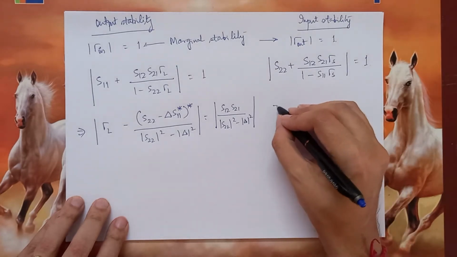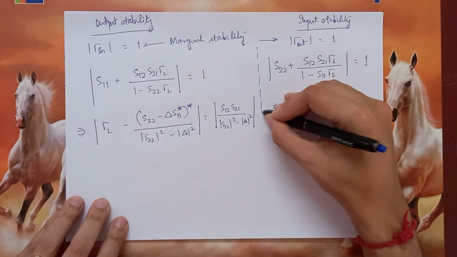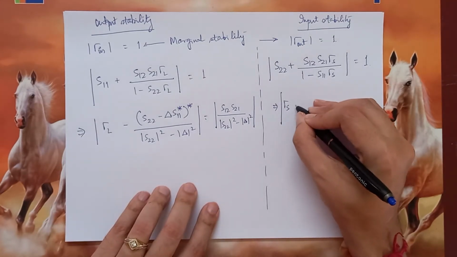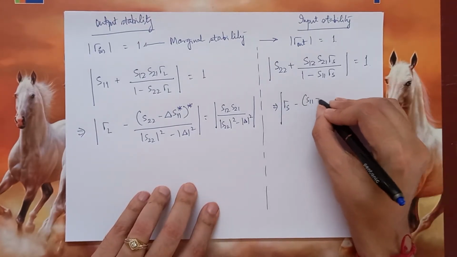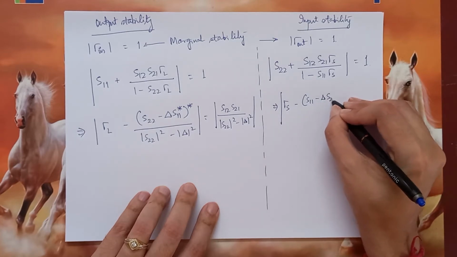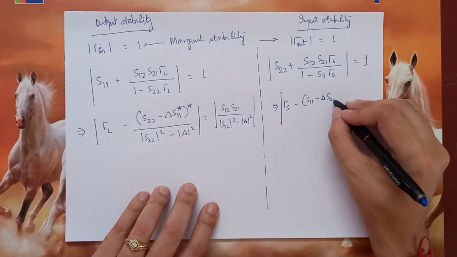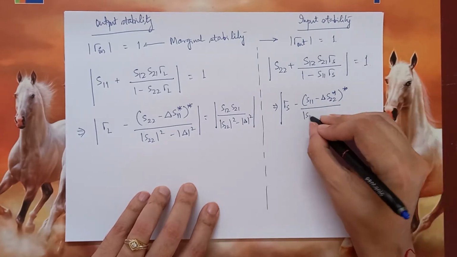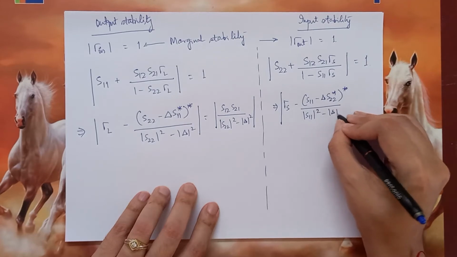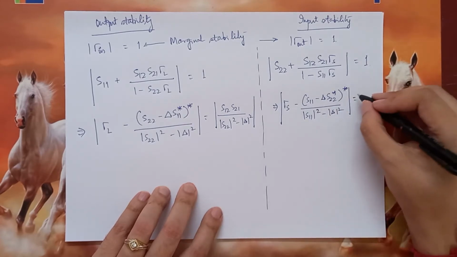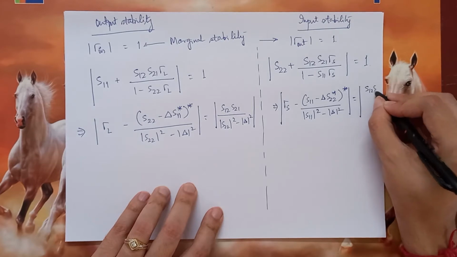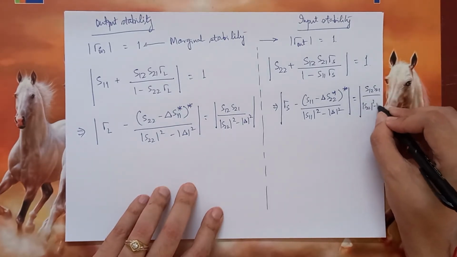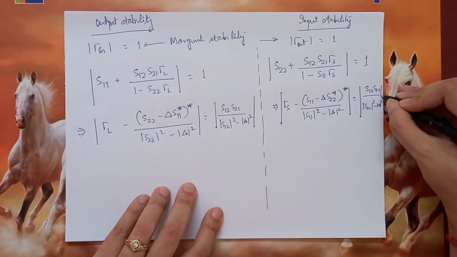and in this case, if I were to draw a line of separation between these, what we see is mod gamma S minus S11 minus delta times S22 conjugate, whole conjugate, divided by this quantity, the whole mod would be equal to S12 S21 divided by mod of S11 square minus mod of delta square, the whole mod.